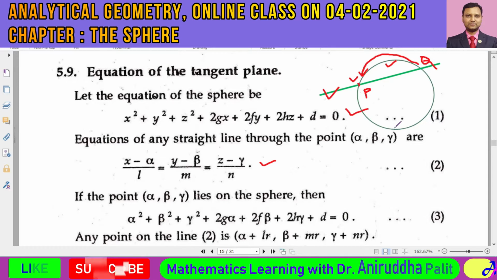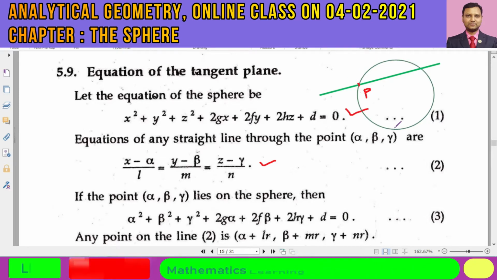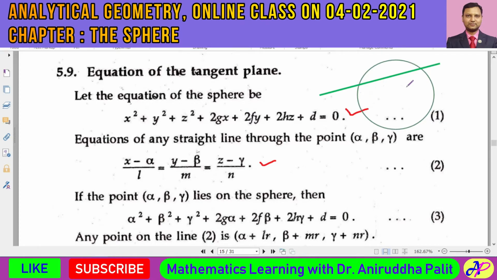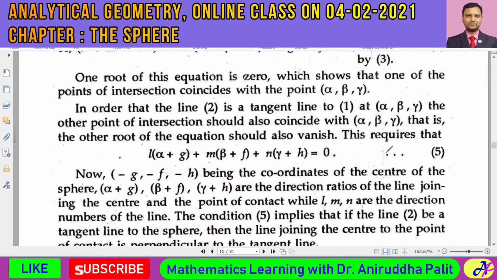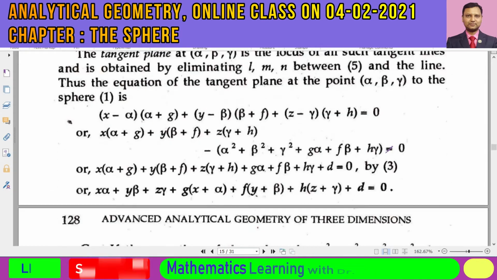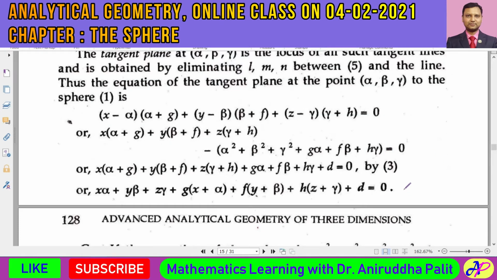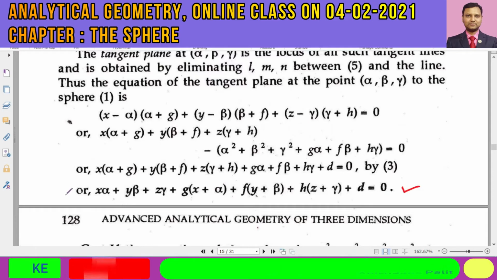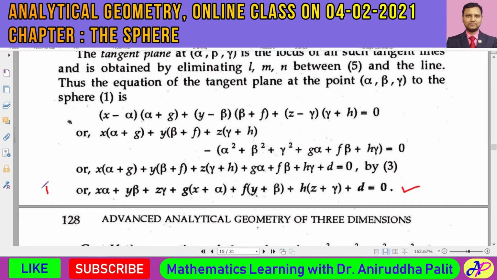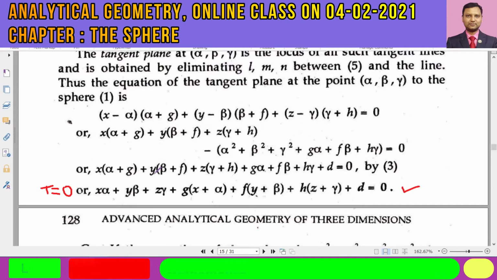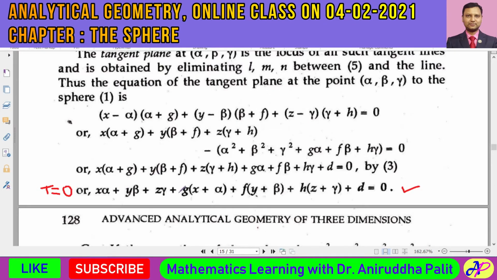Okay, and it can be shown, I'm not going to show the whole derivation, that this kind of tangent plane has this kind of expression. And this is actually the expression of T equal to 0. You see, originally we had the equation of the sphere where x square plus y square plus z square was there.